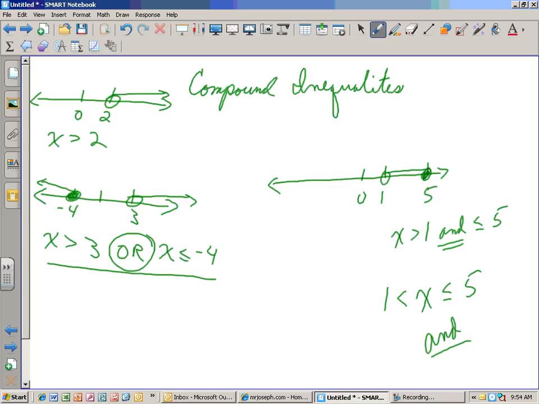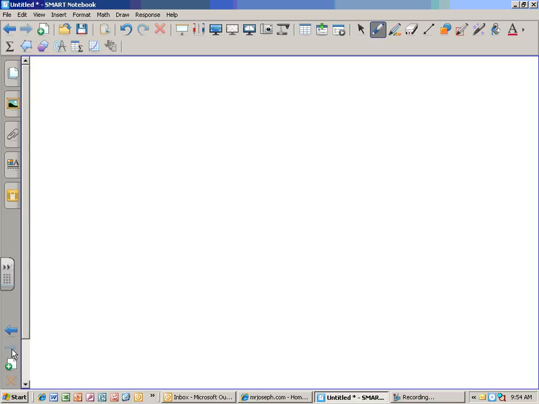And you have to have the word or in when you're graphing a compound inequality like this. So, let me give you a couple of problems and a couple of examples of what it looks like when it's an or and what it looks like when it's an and. Now let's do the and first.